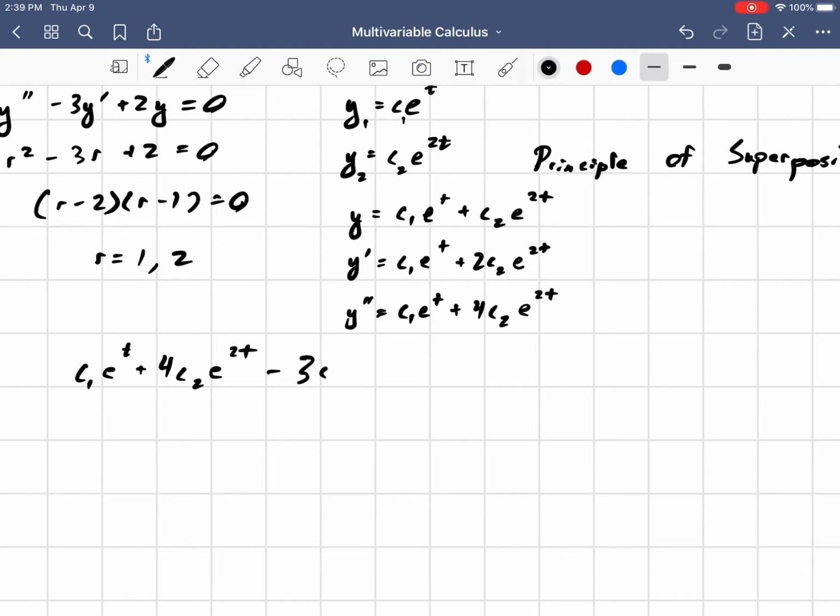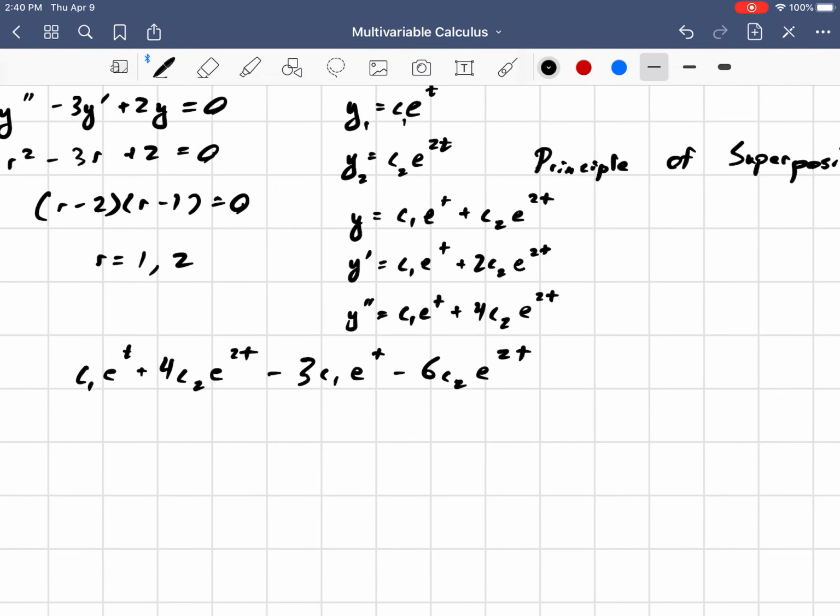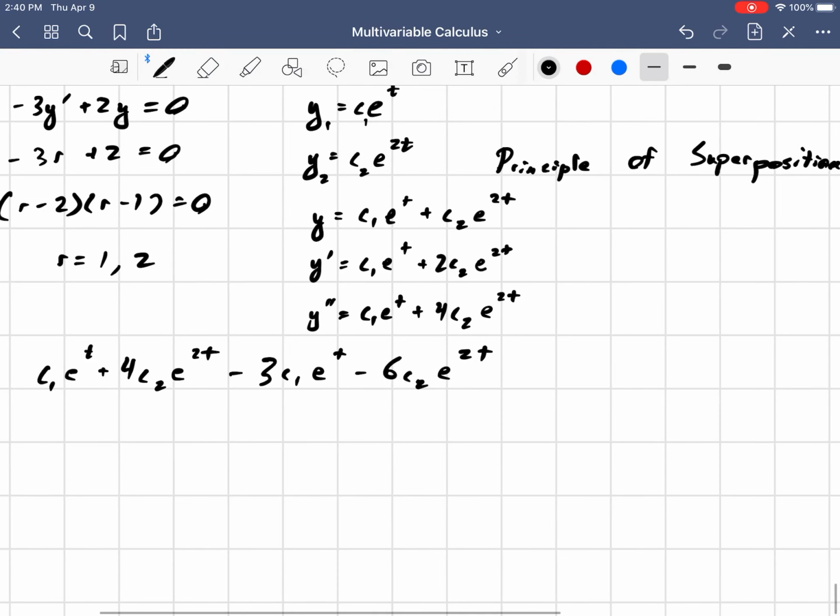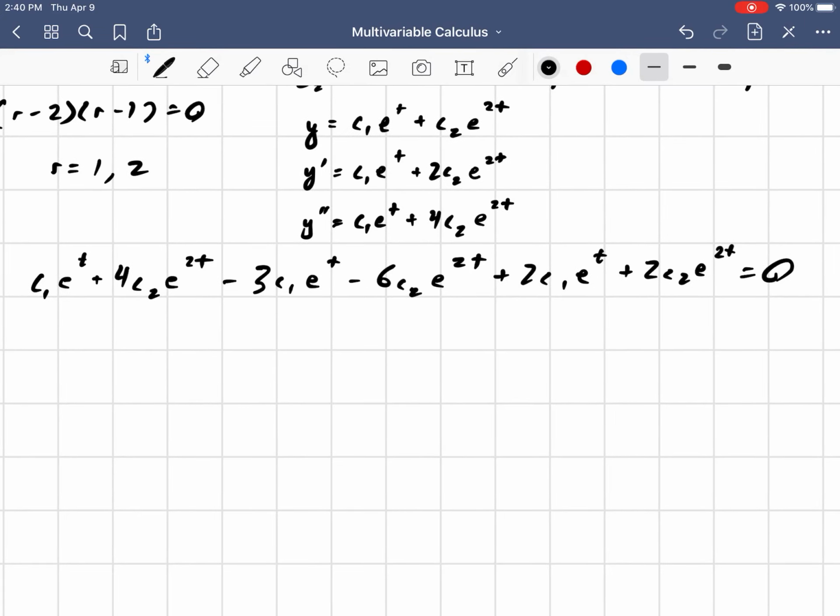Now we do minus 3 times the first derivative. So that's minus 3 c sub 1 e to the t minus 6 c sub 2 e to the 2t. And then we take 2 times the original function itself, which is plus 2 c sub 1 e to the t plus 2 c sub 2 e to the 2t. And this should be equal to 0 unless I messed up on my arithmetic somewhere.